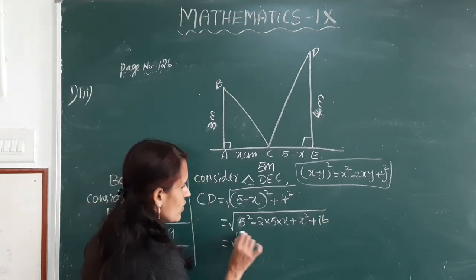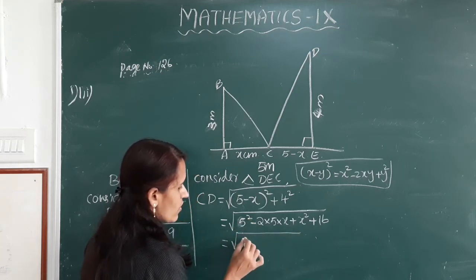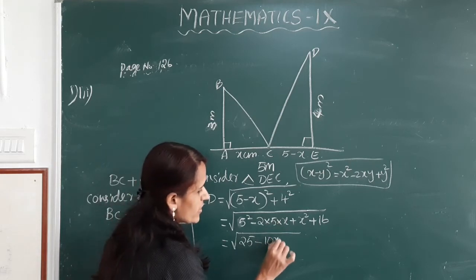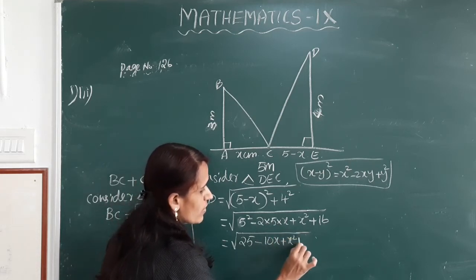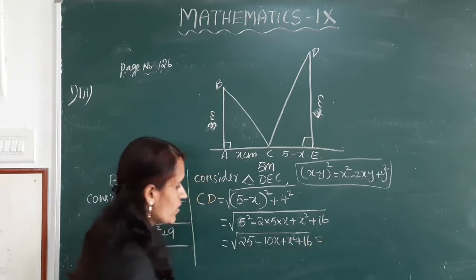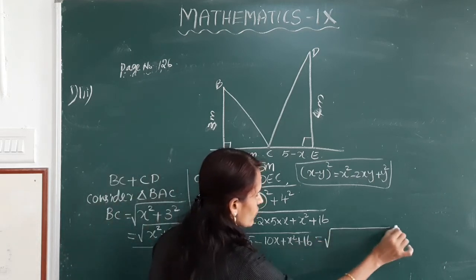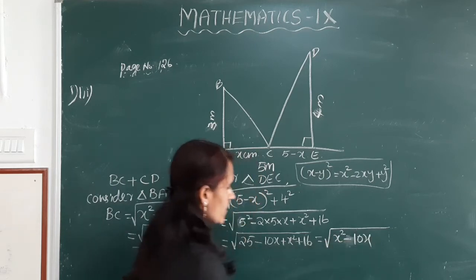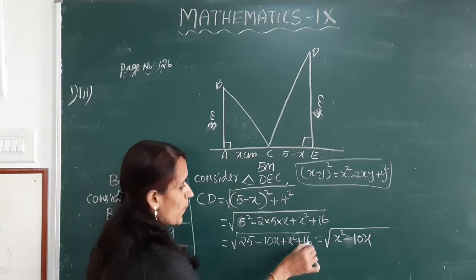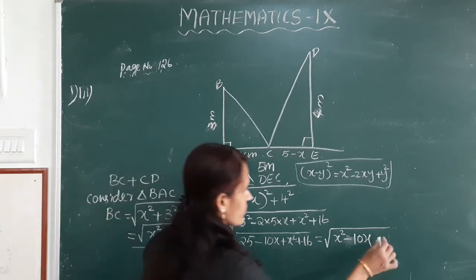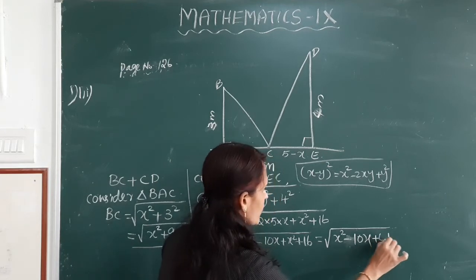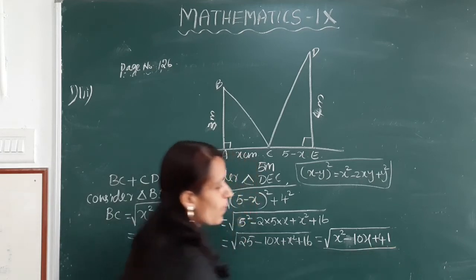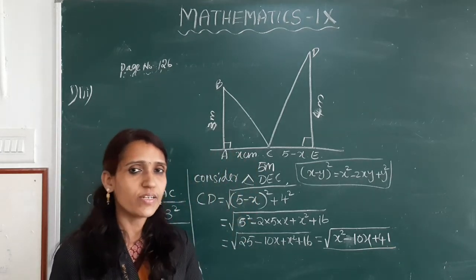Okay, this is equal to root of 5 square is 25, minus 2 into 5, 10, 10x, plus x square plus 16. This is equal to root of x square minus 10x plus 25 plus 16, 41. Okay, now we get CD is equal to root of x square minus 10x plus 41.